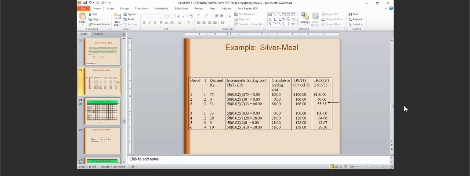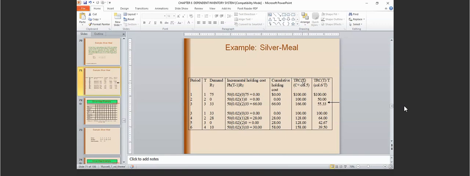So 50 multiplied by 0.02 multiplied by 0. How do we get the 0? T minus 1, so 1 minus 1, we have 0, multiplied by 33, the quantity in the period 3 demand RT. So we have 0, and the cumulative holding cost also will be 0.